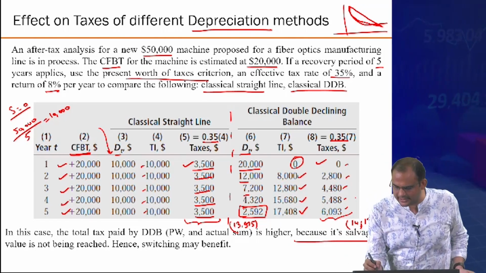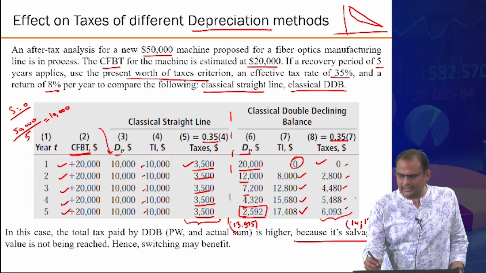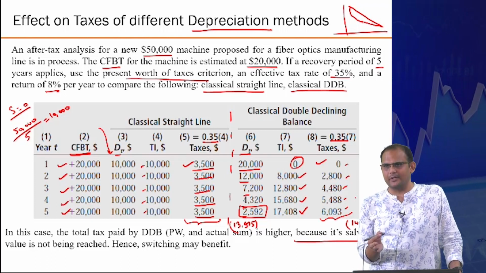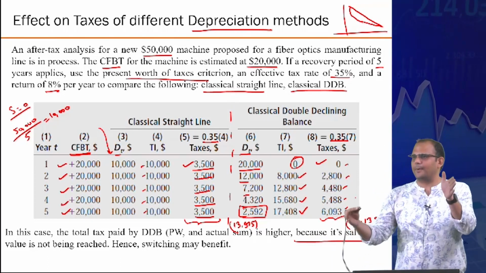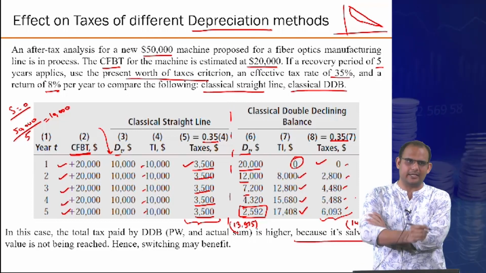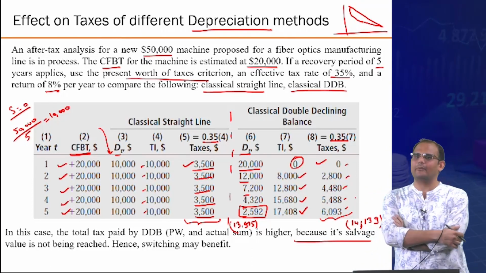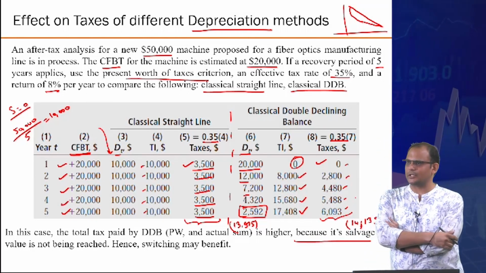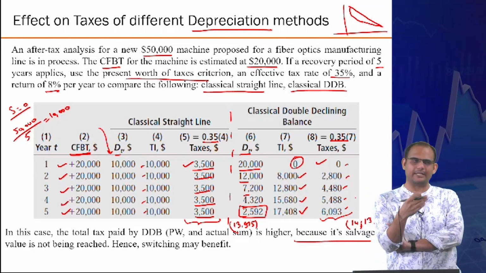If this is the scenario where you are switching, then the higher depreciation in the early stage is better. So the starting point and the end point in these series are the same. Only then are you able to make that statement. Otherwise, it's not always necessary that DDB is a better method. In that case, you need to then switch between DDB to SL or whatever.